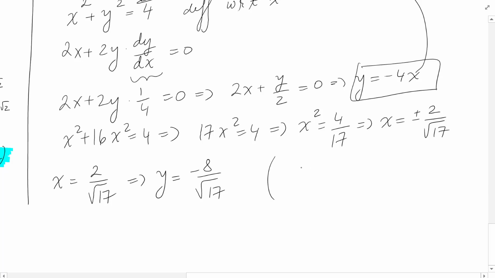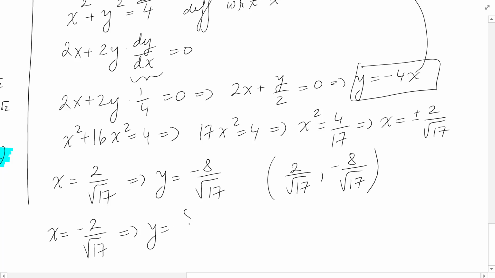So one of the points at which the slope is 1/4 is 2 over square root of 17 and negative 8 over square root of 17. And if x equals negative 2 over square root of 17, y equals 8 over square root of 17, which makes the coordinates of the point negative 2 over square root of 17 and 8 over square root of 17.